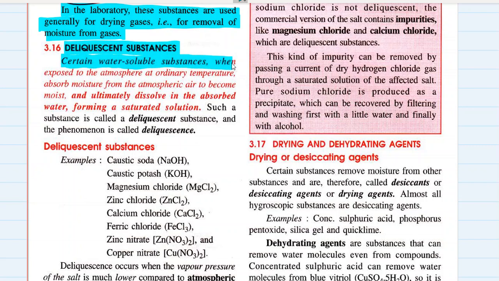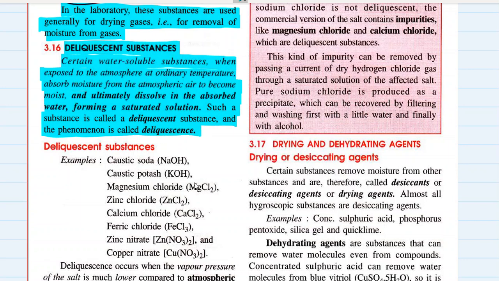Certain water soluble substances, when exposed to atmosphere at ordinary temperature, absorb moisture from the atmospheric air to become moist and ultimately dissolve in the absorbed water, forming a saturated solution. Such a substance is called a deliquescent substance, and the phenomenon is known as deliquescence.